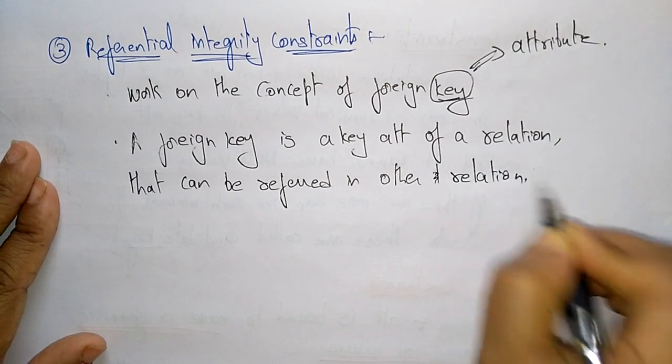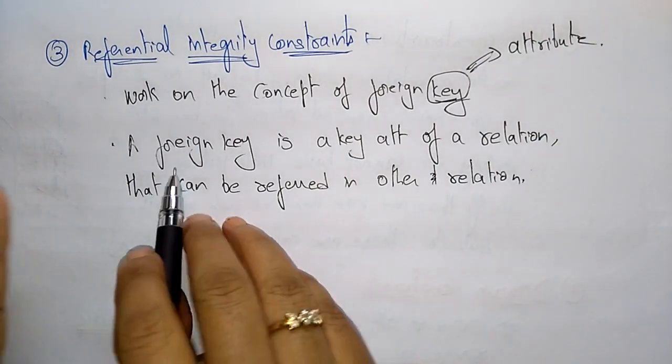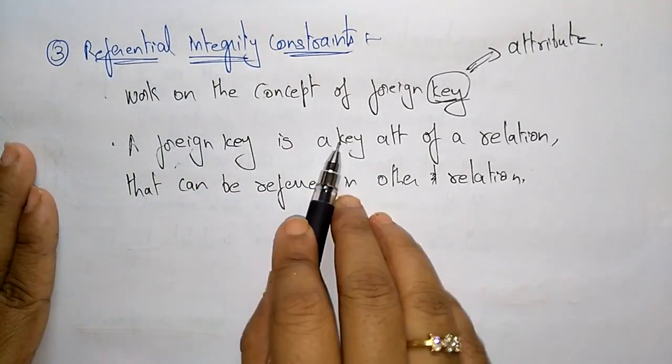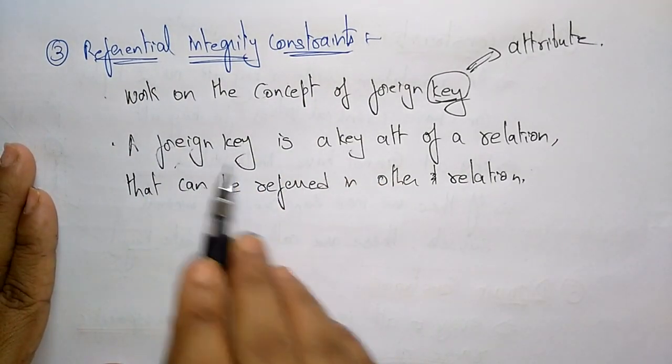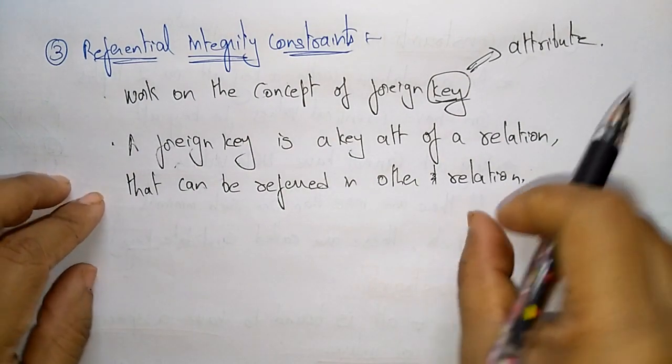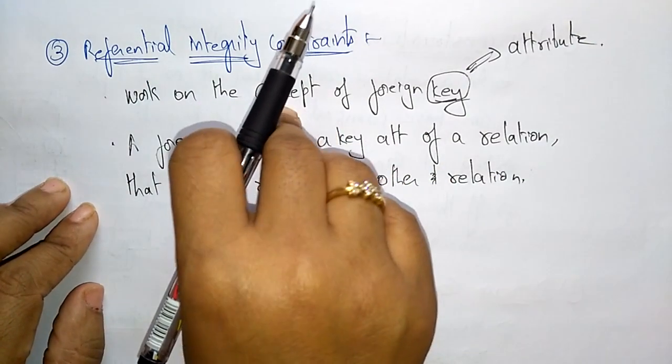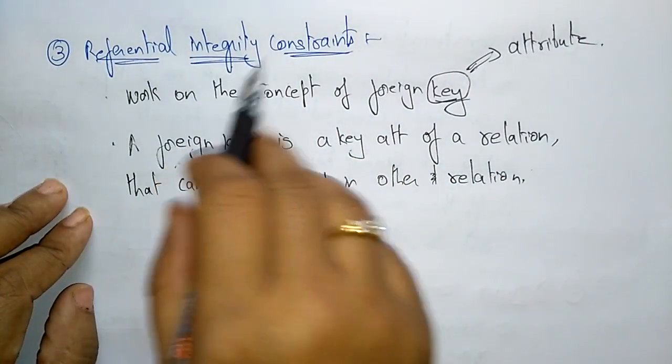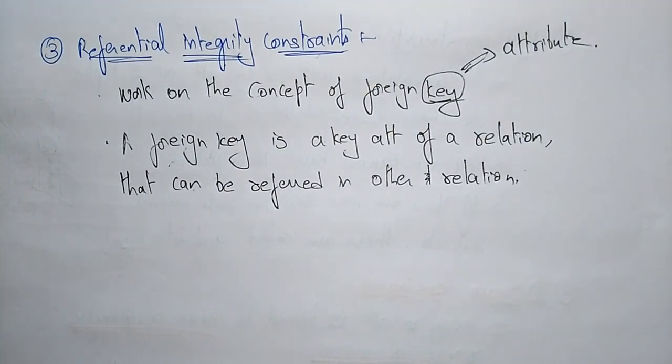That you call a foreign key. So don't be confused: a foreign key is just a key attribute, and this key attribute depends upon another table. That I explained in the keys. With the help of this foreign key, you are maintaining one constraint, that is the referential integrity constraint. So this is about the constraints.